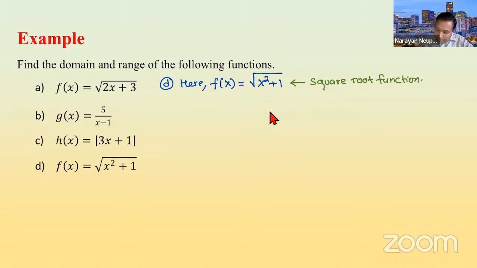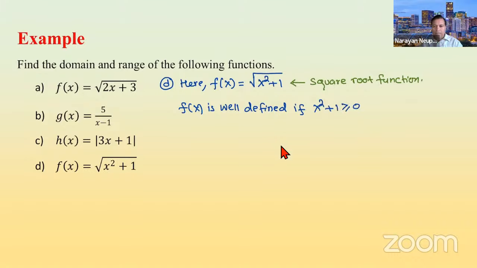So we say f of x is well defined if x squared plus 1 is greater than or equal to 0.